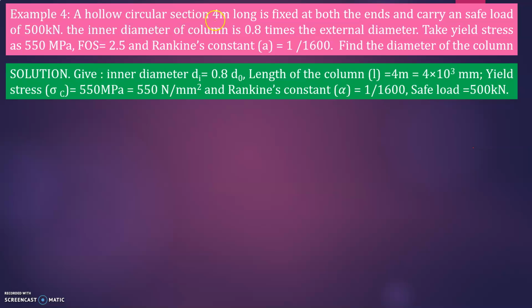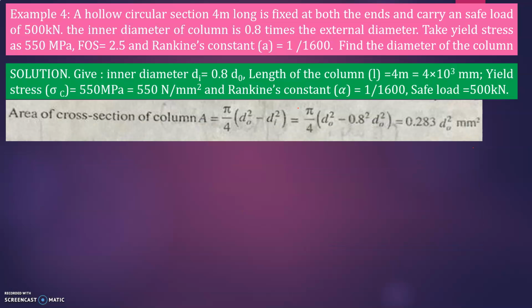The length of the column is 4 meter or 4000 millimeter, or 4 into 10 raised to 3 millimeter, and yield stress is 550 MPa or 550 Newton per millimeter square, Rankine's constant alpha is equal to 1 divided by 1600, and the safe load is 500 kilonewton. What we have to do first is calculate the area. Here we have to use Rankine's formula.